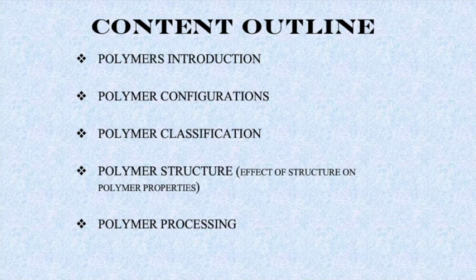Then we will look at classification, because there are so many polymers. How would you classify them, which is very important to you, maybe the list that you have to know about polymers. Then the polymer structure. In addition to configuration, depending on the physical structure of the polymers, you will get different properties, so we will look into that as well. Then finally, polymer processing.